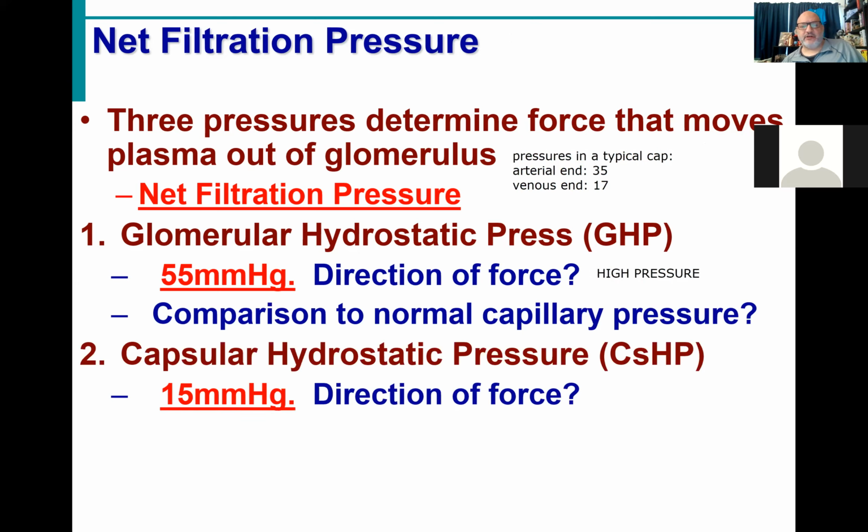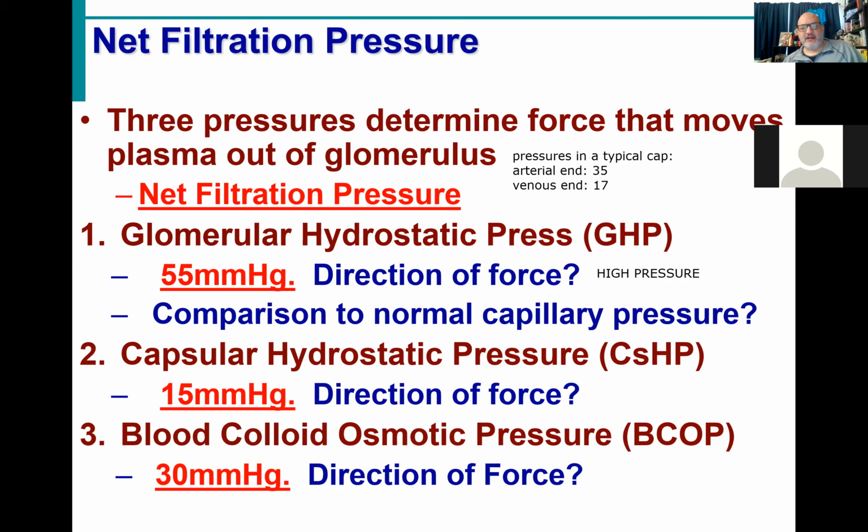Our capsular hydrostatic pressure, the pressure inside of Bowman's capsule, is 15 millimeters of mercury, forcing water back in. And then, like we talked about, that osmotic pressure of the blood inside the capillary is 30. So let's add these numbers to our picture.